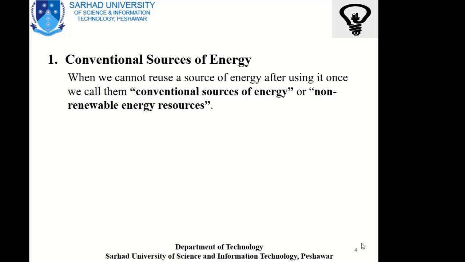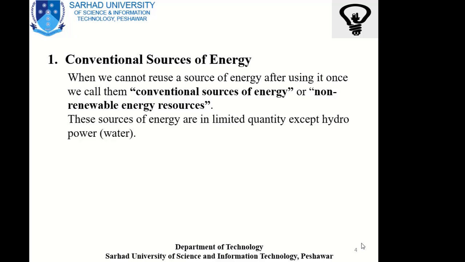After using some source of energy, if you are unable to reuse it, this source is known as a conventional source of energy. These sources of energy are in limited quantity except hydropower, because hydropower, also known as water energy, is available in abundance in nature, while the other types of conventional sources are found in limited quantities.